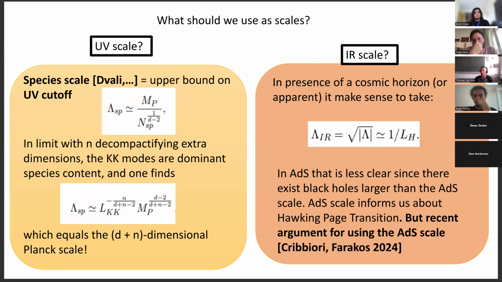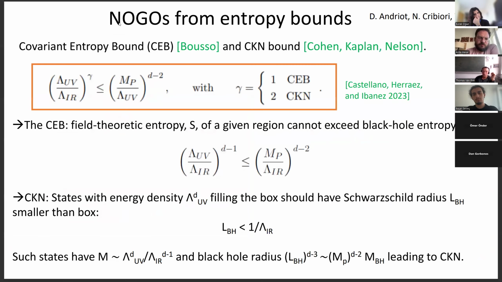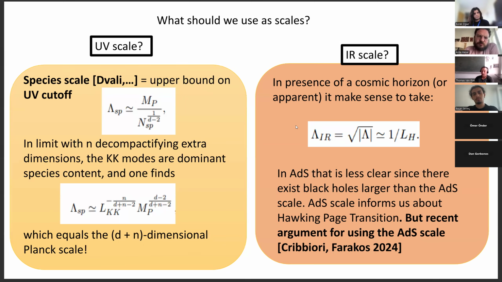But we took faith in a recent paper by Niccolò Cribiori and Fotis Farakos, who, not even thinking about entropy bounds, just using other principles, found exactly these entropy bounds, the one I give you here, with the IR scale given by the AdS scale in AdS.